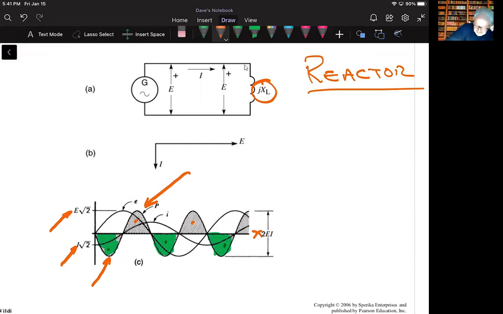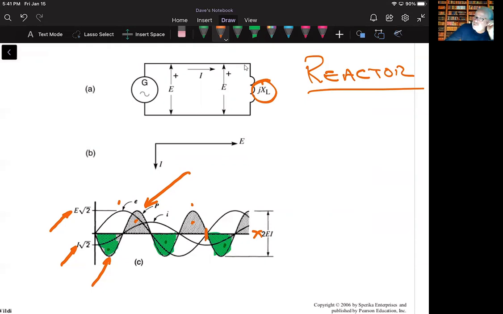The duration of each wave corresponds to a quarter of a cycle of the line frequency. The frequency of the power waves is, again, twice the line frequency, okay? So as we look at one complete cycle, from here to here, we're seeing two of the power cycles.